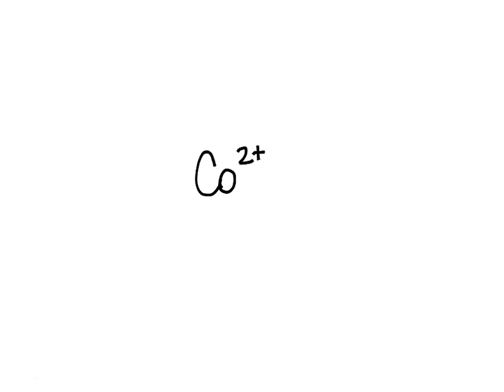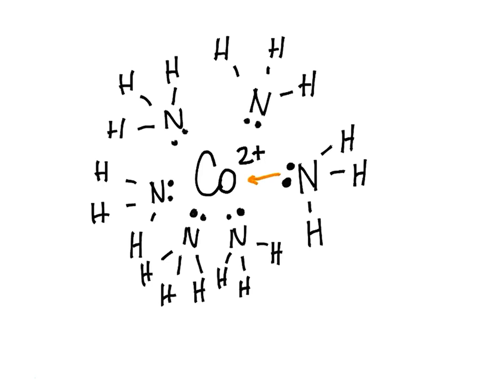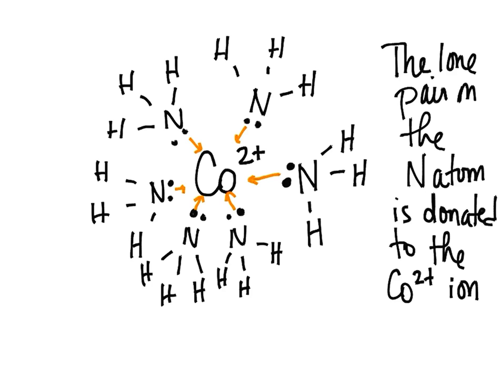Here we have the cobalt ion in the middle, and then the ammonia with its lone pair. This arrow is drawn from the nitrogen, from the electrons, from where they're coming from to where they're going toward.